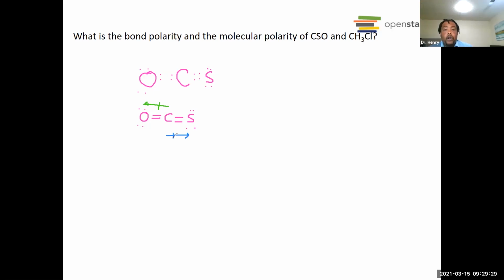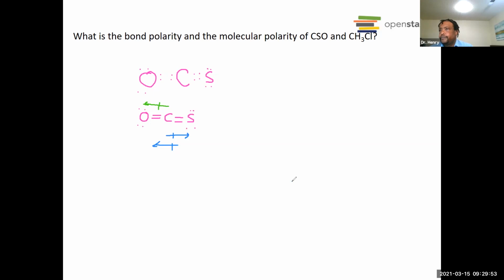So overall, who's going to be favored? Oxygen. So if we add them up together, the overall thing would be oxygen, because oxygen has a stronger pull than sulfur. It's kind of like saying cousins are pulling you on both sides, but one is much stronger than the other.